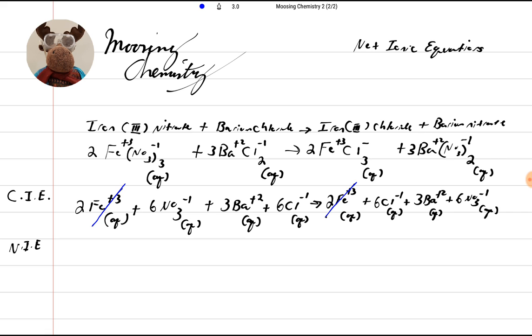Our nitrates are aqueous on both sides, so they cancel out, just like the iron was aqueous on both sides. Our Ba is aqueous here and there, so it cancels out. And our chlorines are aqueous on both sides, so they're also spectator ions.